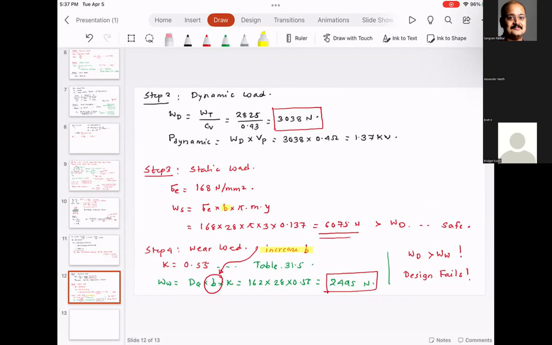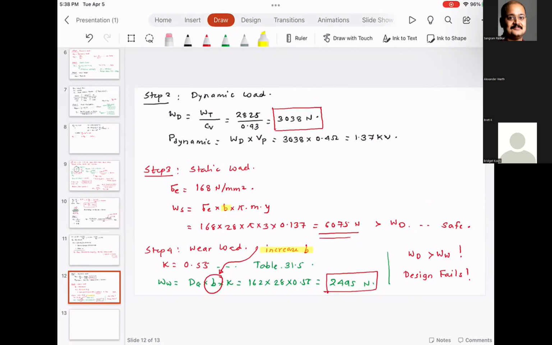If the material was not specified, then you could use a different material, change the value of K, and find a wear load greater than the dynamic load. But in this case, the materials are specified. So here you can increase the value of B.